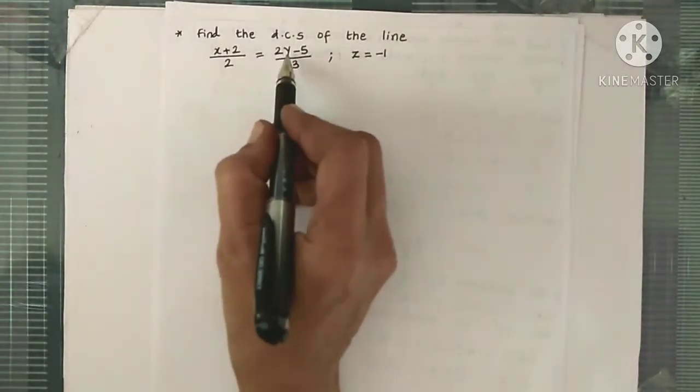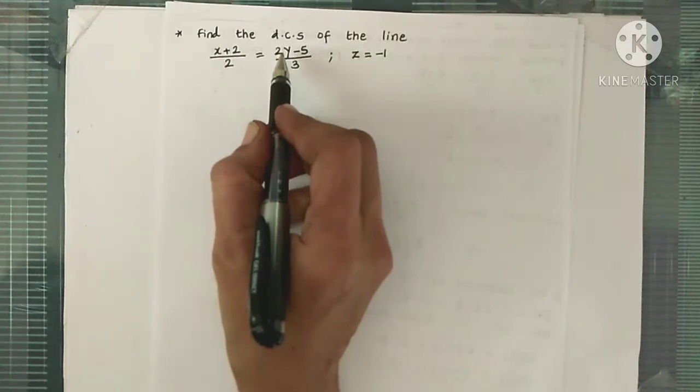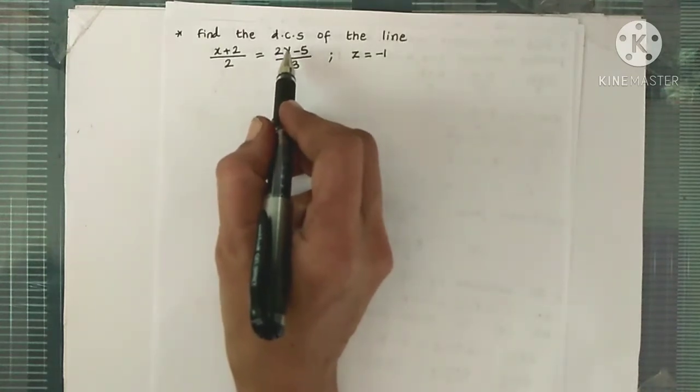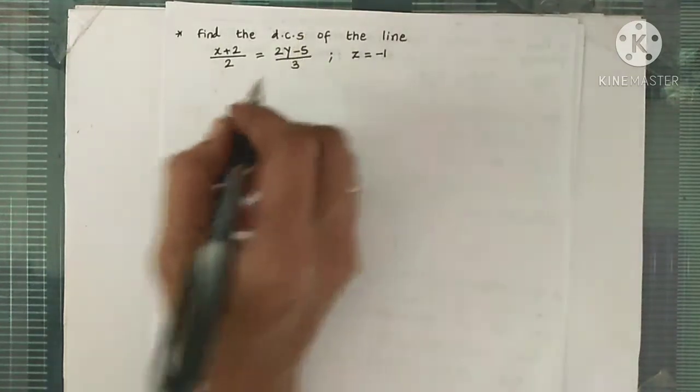So let's write the direction cosines. But for that we need direction ratios first. So direction ratios are the terms in the denominator, provided the equation is in the form (x minus x1) upon a equal to (y minus y1) upon b equal to (z minus z1) upon c. Here the coefficient of y is 2. So to make the coefficient 1, let's divide numerator and denominator by 2.